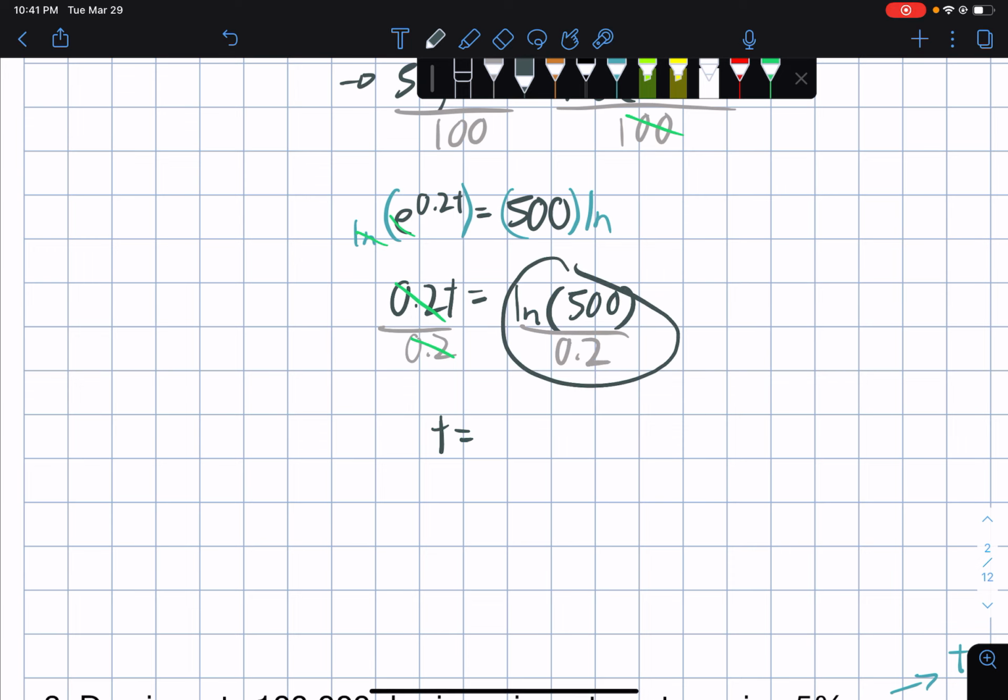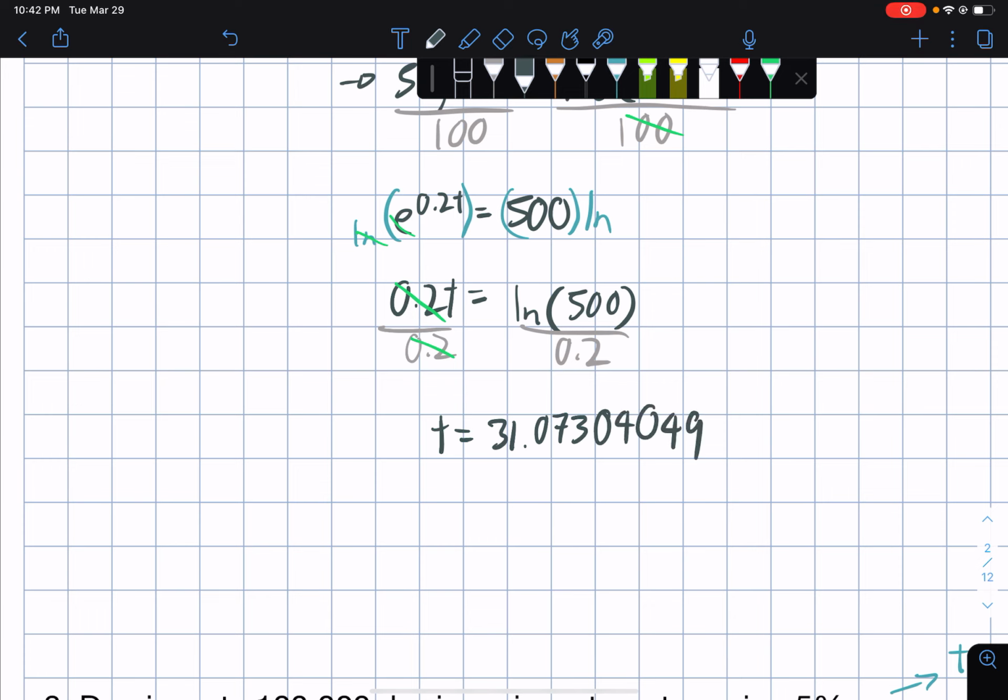This could actually be the final answer already, but for the sake of exact computation, the exact value in decimal form is 31.0730449. Let's round that off: 31.073, or approximately 31 days.